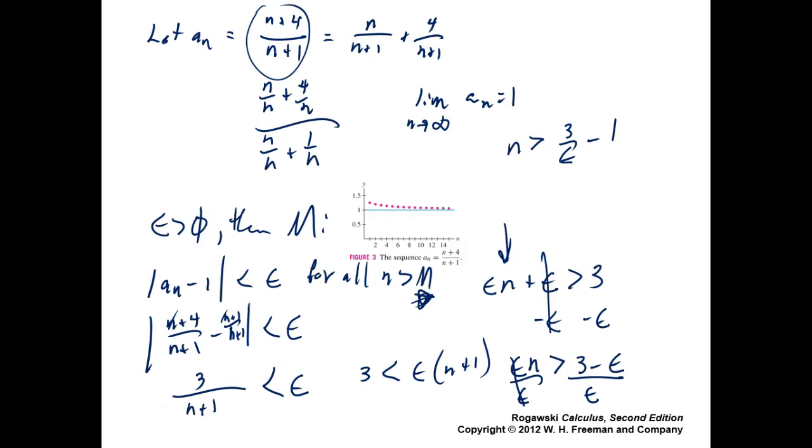If you give me an epsilon of 0.5, I need to find an m, and anything past that m is going to guarantee the sequence is within epsilon of the limit 1. So this will be 3 divided by 1/2, which is the same as 3 times 2, 6, minus 1 is 5. For any n greater than 5, it's guaranteed to be less than that epsilon.